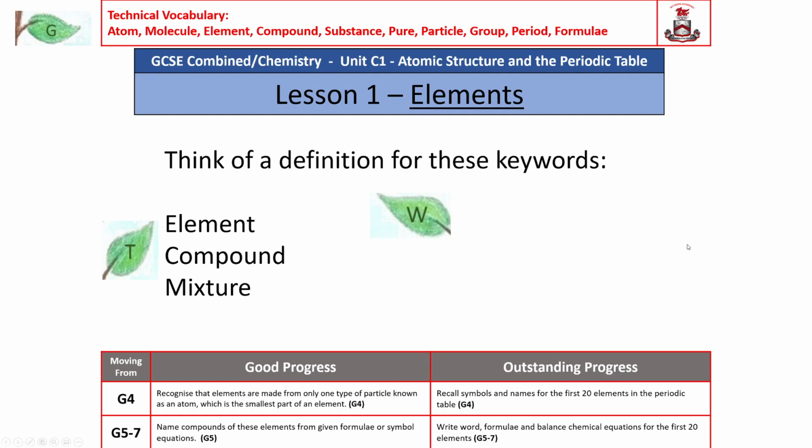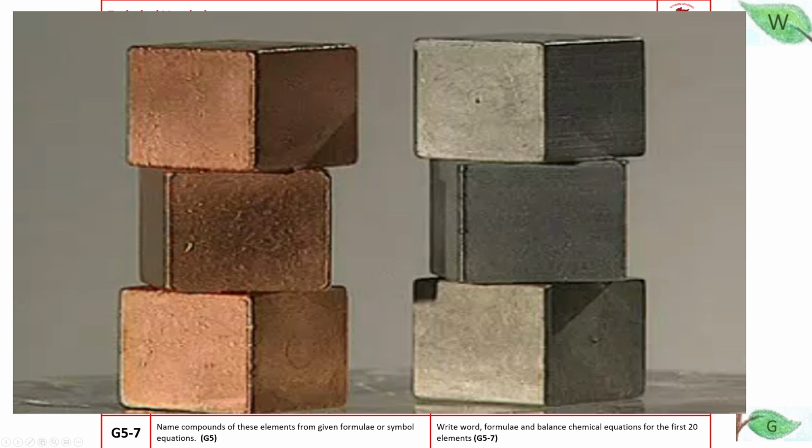Now, before we start, I'd like you to go and find a definition for element, compound and mixture, preferably from AQA BBC Bitesize. But we should remember what they are. If you want a bit of a recap, I'd like you to watch this video here. It'll tell you about atoms and elements.